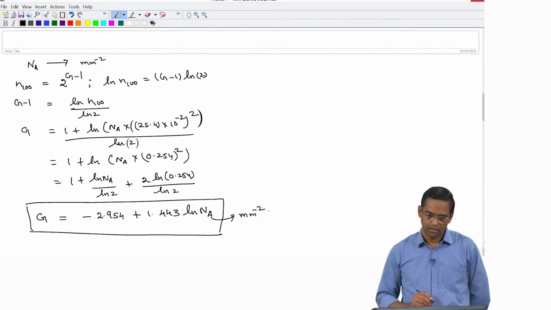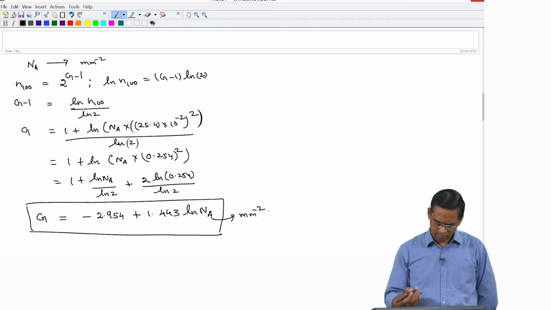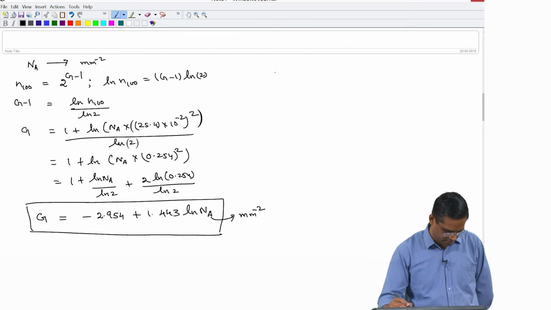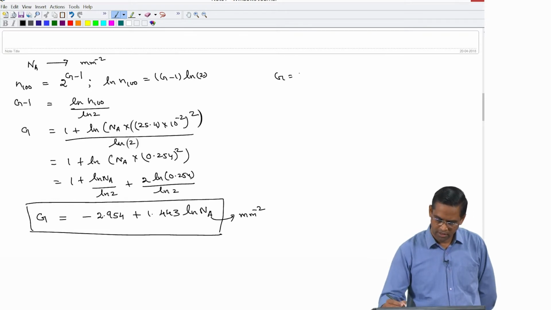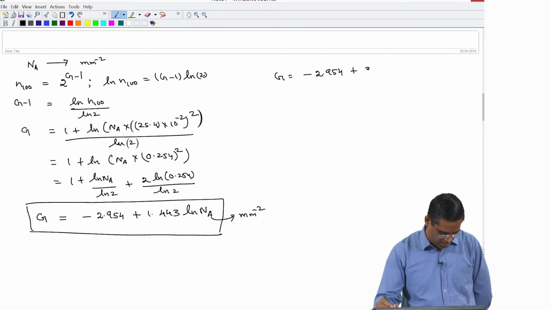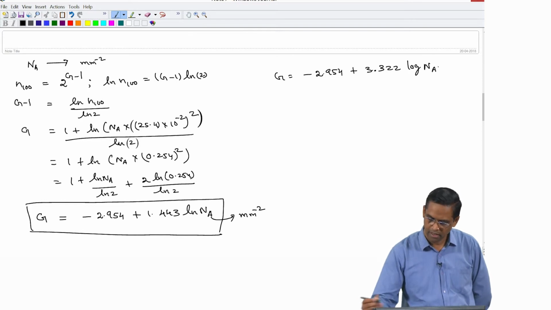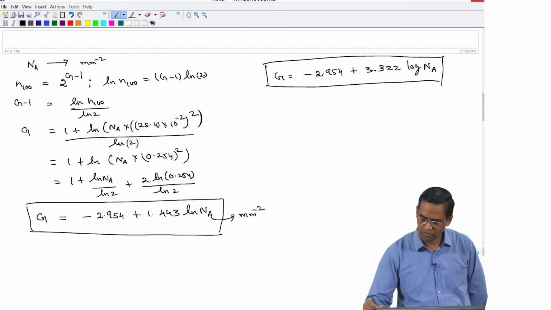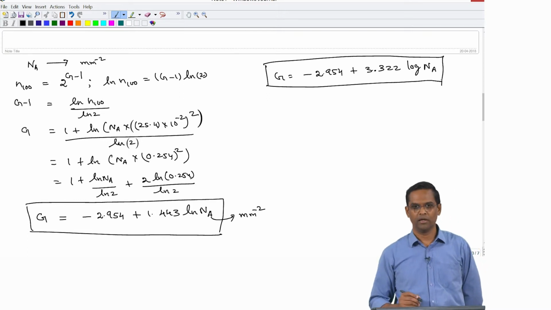Okay. So, there is one more relation reported in the literature, where G is equal to minus 2.954 plus 3.322 log base 10 of NA. This is reported in one of the references we have shown in the introductory slide.